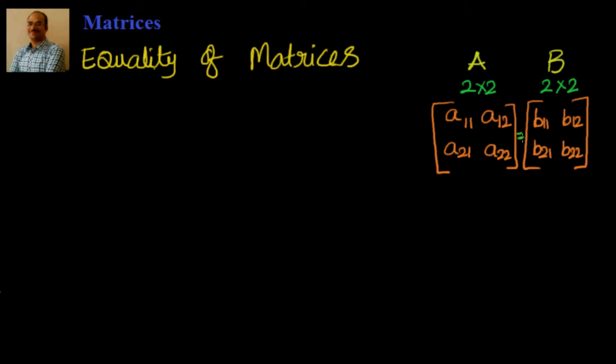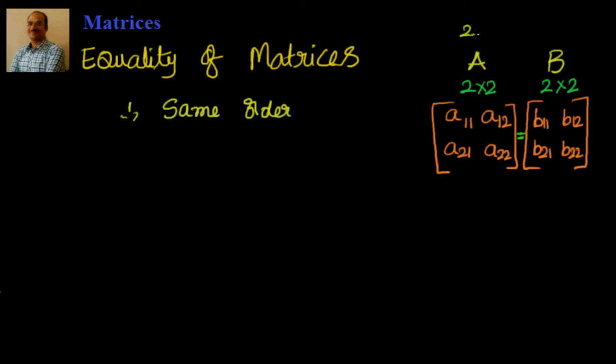Now, for two matrices to be equal, what conditions should exist? You can see here, for these two matrices to be equal, the first thing is both of them should have the same order. That means both of them should have the same number of rows and columns.